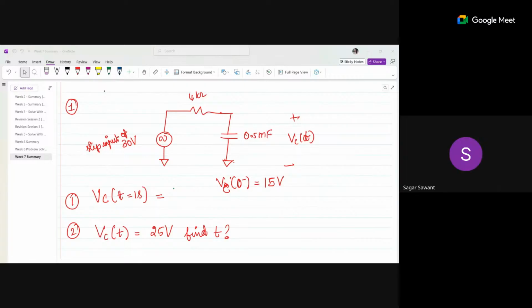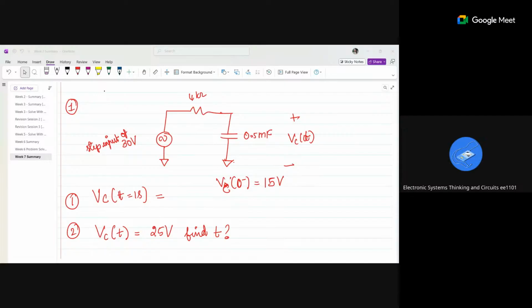Is it 90.57 volt for first? Yeah, please repeat again. What was the answer that you got? 90.57 volt.